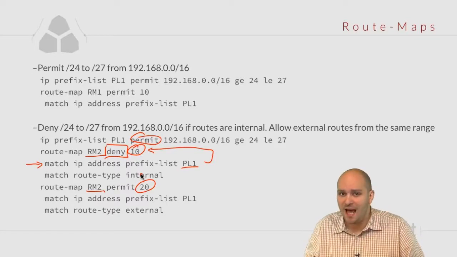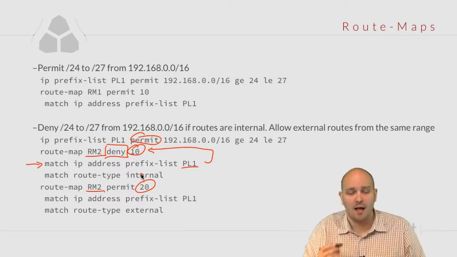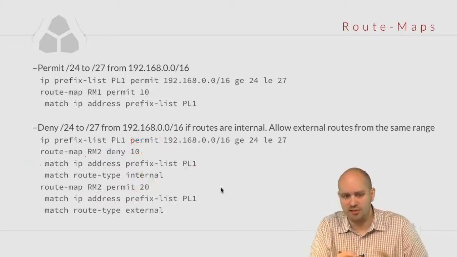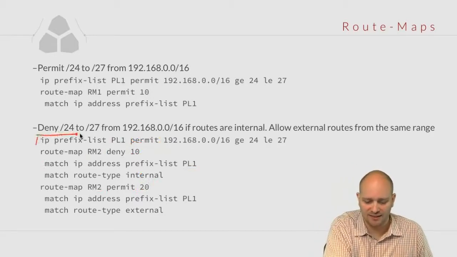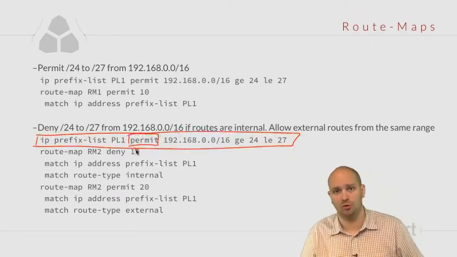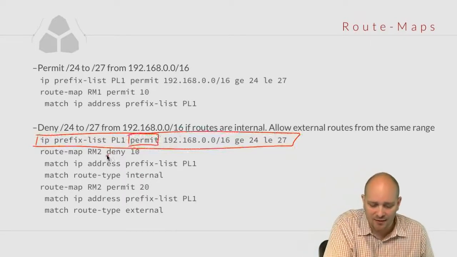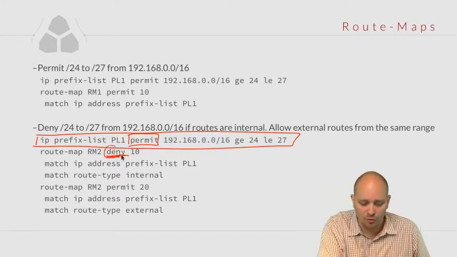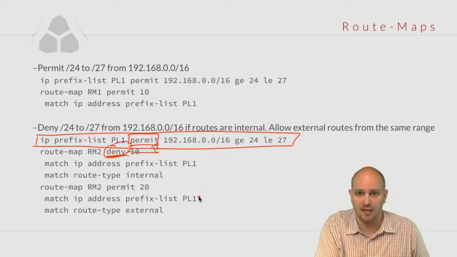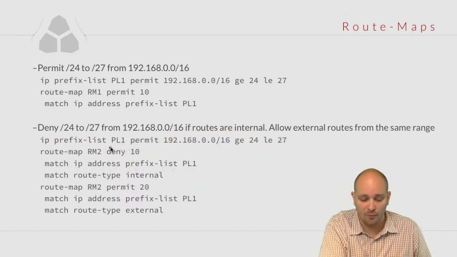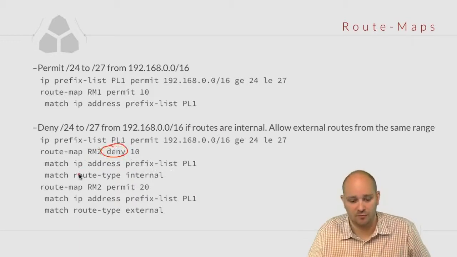Sometimes it could be a little bit difficult getting your head around this logic, but for me this approach is the most direct one. I'm going to have a prefix list here that permits, that specifies the range that I do want to take a particular action on, and then in the route map I would take that specified action. So I'm going to deny whatever this prefix list permits. So in my prefix list I'm specifying this range here, and if the route is internal it will be denied because this is the logic that we specified.